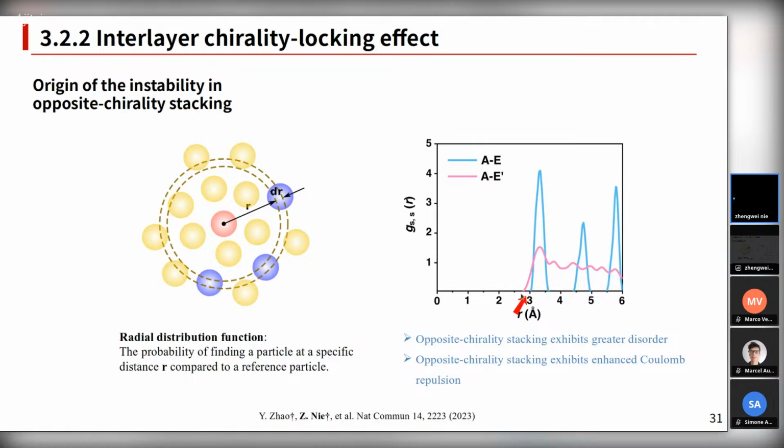Yes, because some ion pairs are very close.